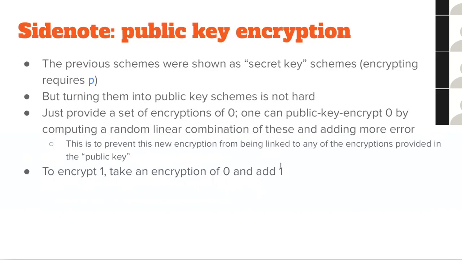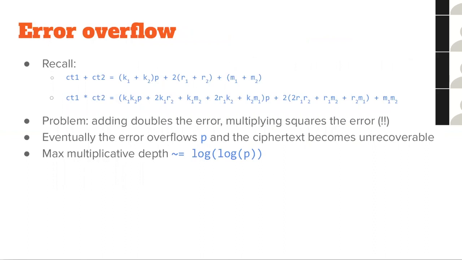If you want something more generic, you can add some encryptions of 1 into your public key, and to encrypt 1, you add a bunch of encryptions of 0 and then an odd number of encryptions of 1, and you have a new encryption of 1. So any fully or somewhat homomorphic scheme that is private key, you can turn into a public key one pretty easily. That's not a problem.